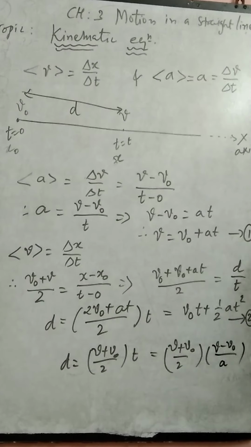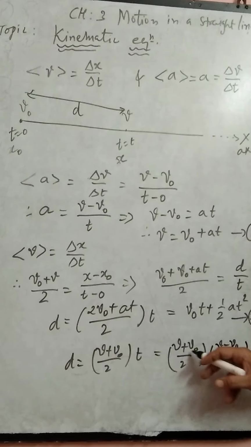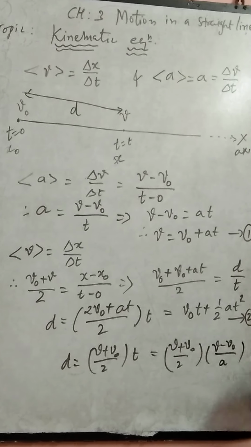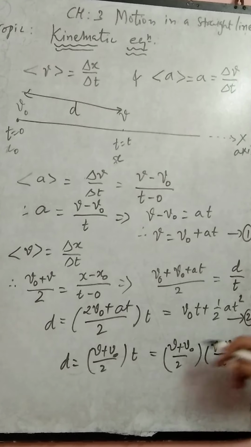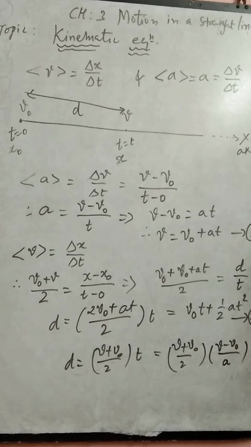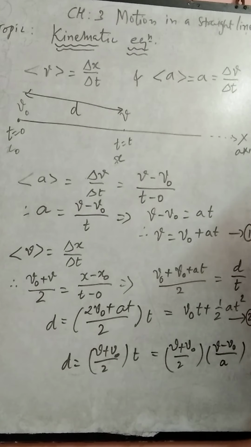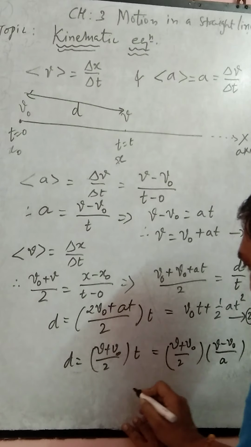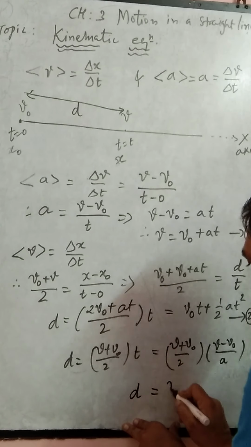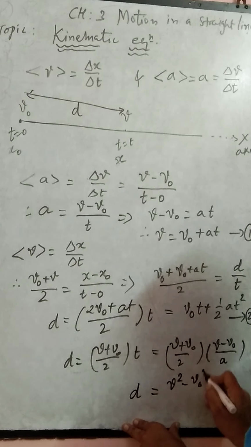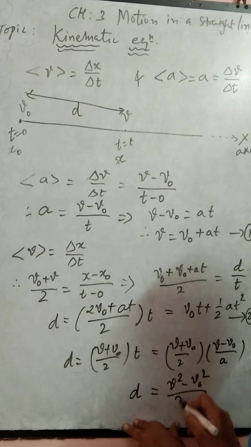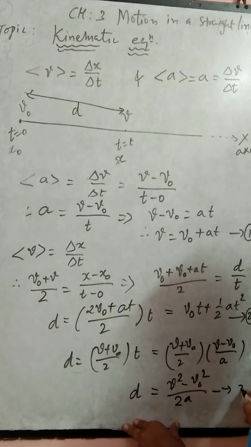Is that clear? In the numerator we have v plus v naught times v minus v naught, just like the identity x plus y times x minus y, which is x square minus y square. So d equals v square minus v naught square, with the denominator multiplied by a, that is 2a. This is the third equation.